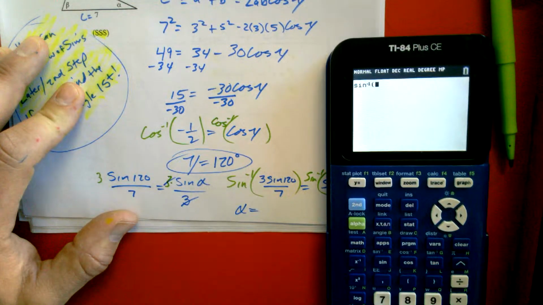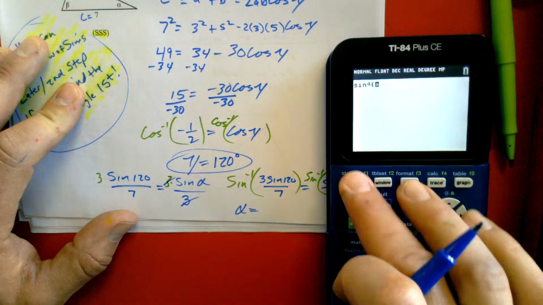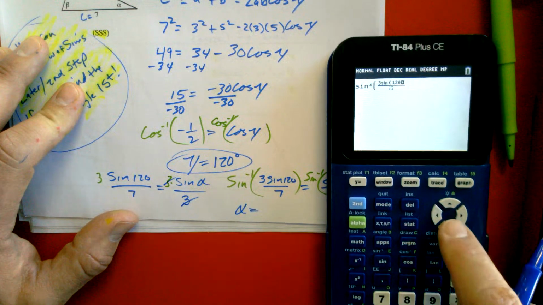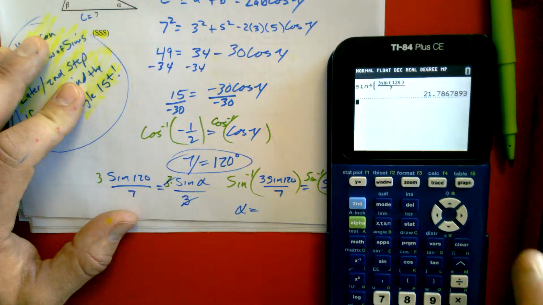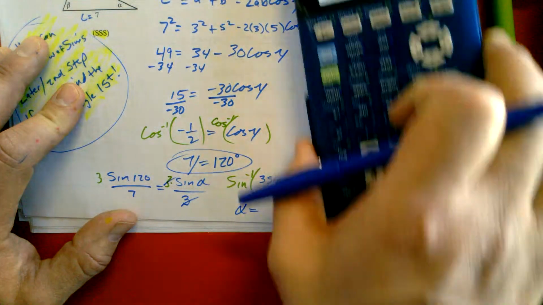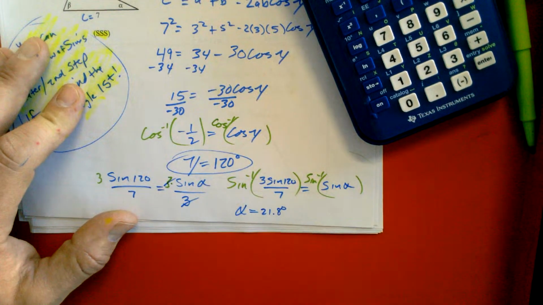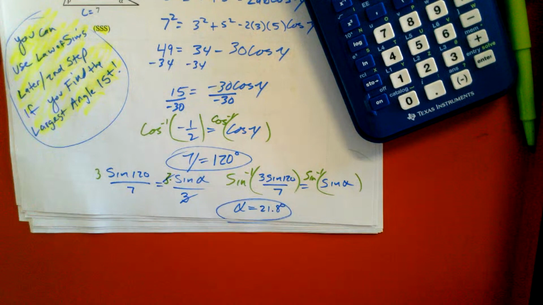We got inverse sine, I got 3 sine of 120 all over 7. And I got 21.8 degrees. You guys okay with that? Anybody not getting that? And then Jeremiah, how do I find the last angle?